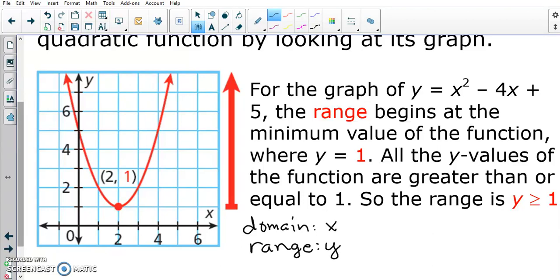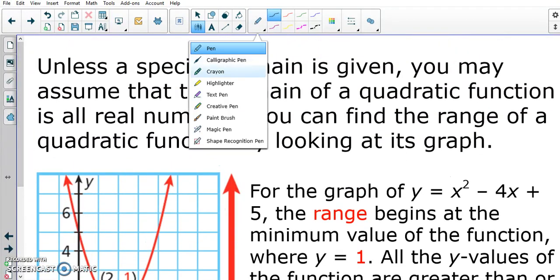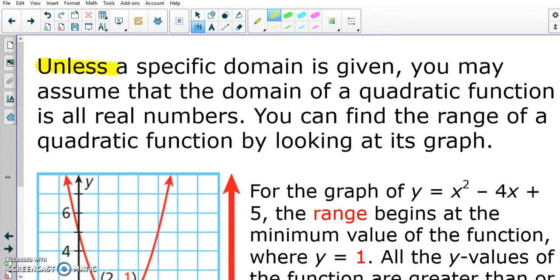Okay. Now if you take a look up here and on your paper, it says unless a specific domain is given, which that will be very rare, assume that the domain of a quadratic function is all real numbers. We're going to use everything because it goes all the way to the left, all the way to the right.